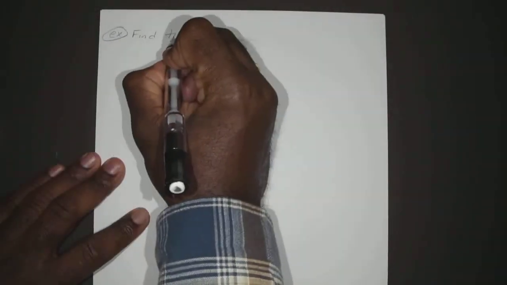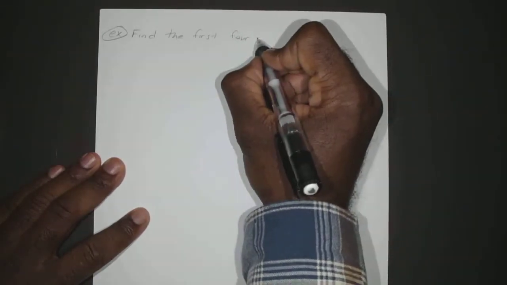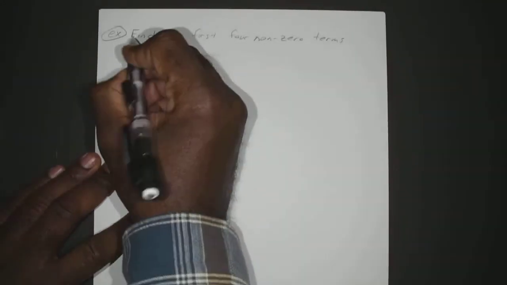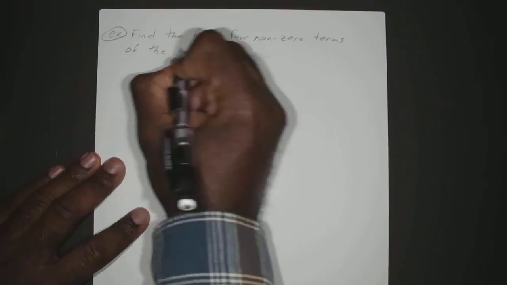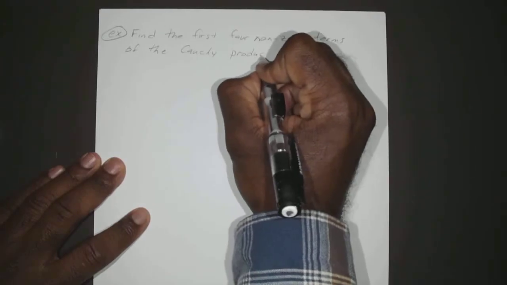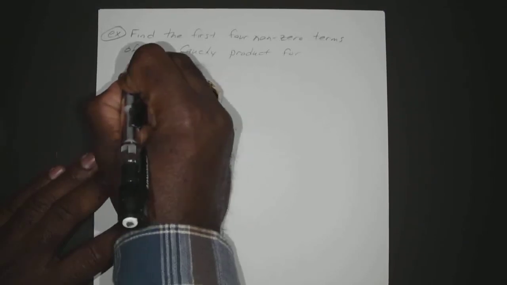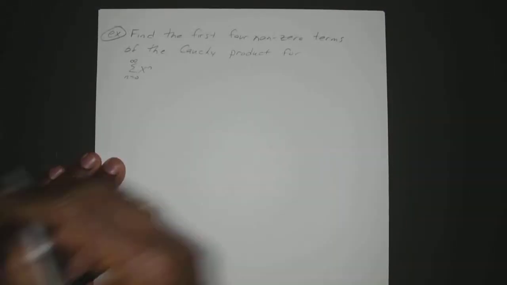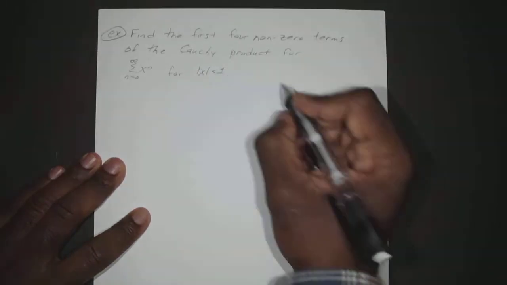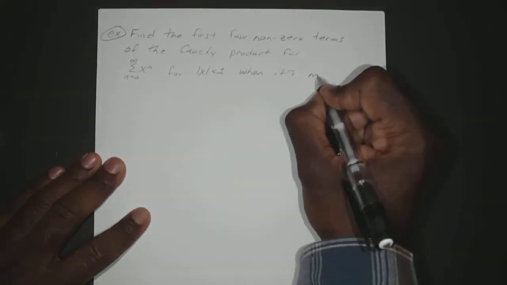Okay, so we're going to find the first 4 non-zero terms of the Cauchy product for the sum n equals 0 to infinity of x to the nth power, for absolute value of x less than 1, when it's multiplied by itself.